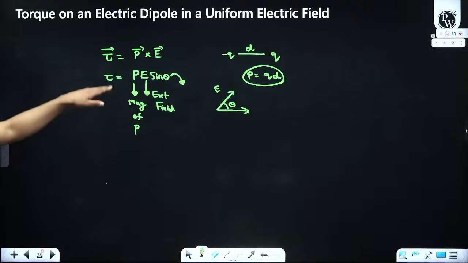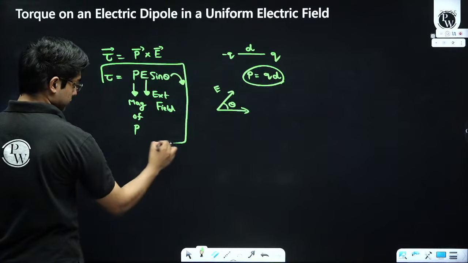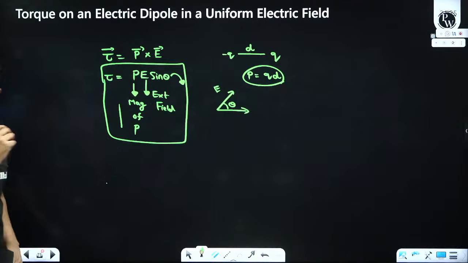So you can just substitute it in this. So basically, if the question is to find the torque, you will have to use this relation. We didn't have time to derive this, but I guess it is clear now, right?